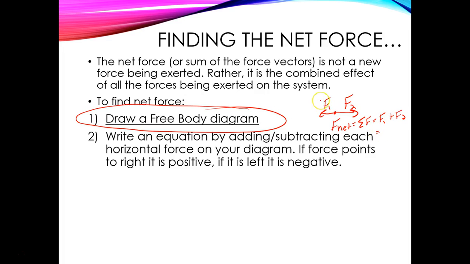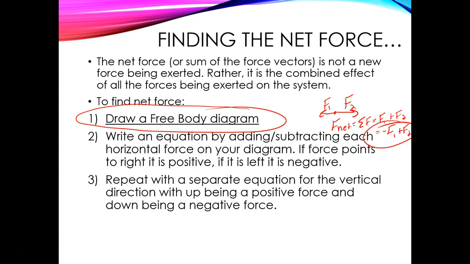But because F1 is pointing to the left, it'll be minus F1 plus F2. So remember, if our force points to the left, it's negative, and if it points to the right, it is positive. And finally, we're going to repeat the exact same steps, but with the vertical direction.